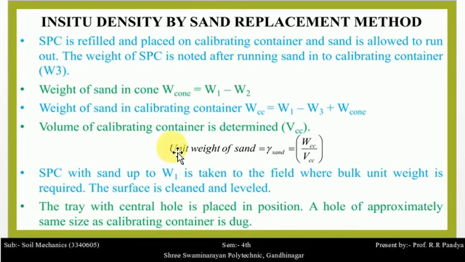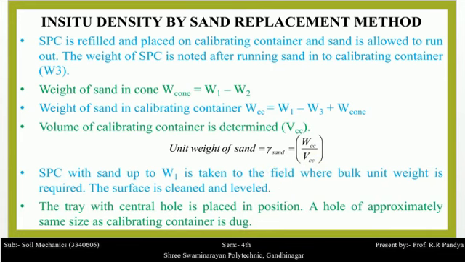Volume of the calibrating container is denoted by Vcc. The unit weight of sand, gamma sand, is equal to Wcc divided by Vcc. From this equation we can find out Vcc, which is going to be Wcc divided by density of sand.